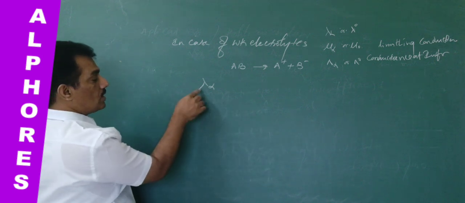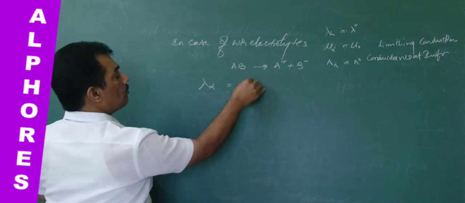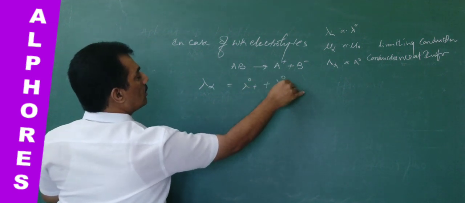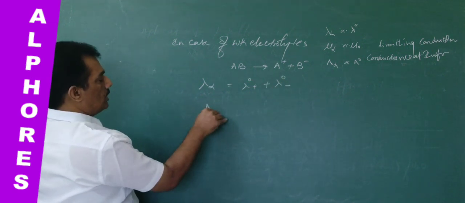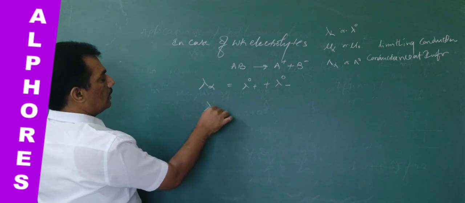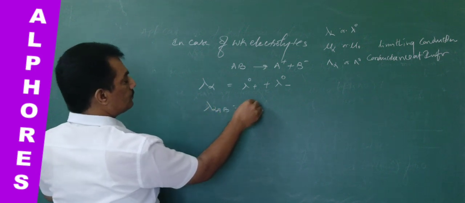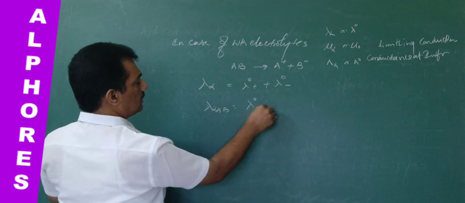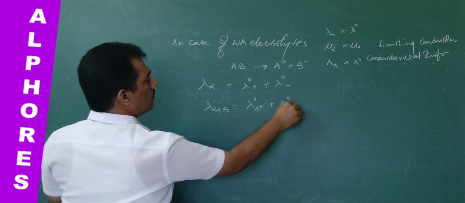So as per Kohlrausch law, lambda infinite of AB is equal to lambda naught A plus plus lambda naught B minus.